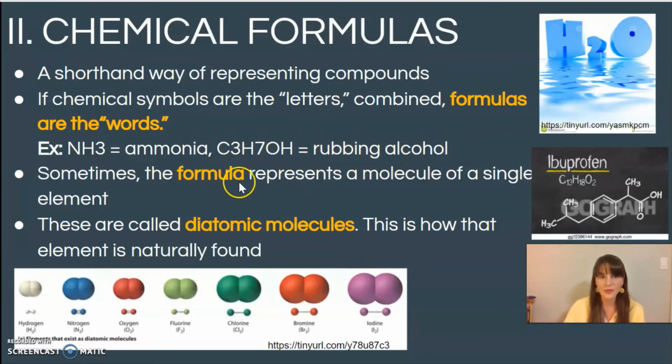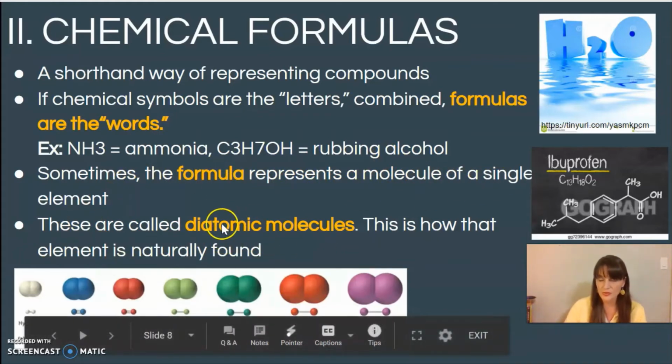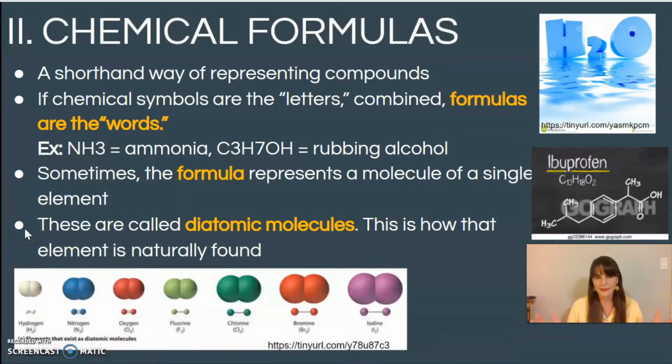Sometimes the formula represents a molecule of a single element. These are called diatomic molecules. Remember, di means two, right? Diatomic, two-atom molecules. This is how the element is naturally found in nature. You can see the examples here: hydrogen, nitrogen, oxygen, fluorine, bromine, iodine.